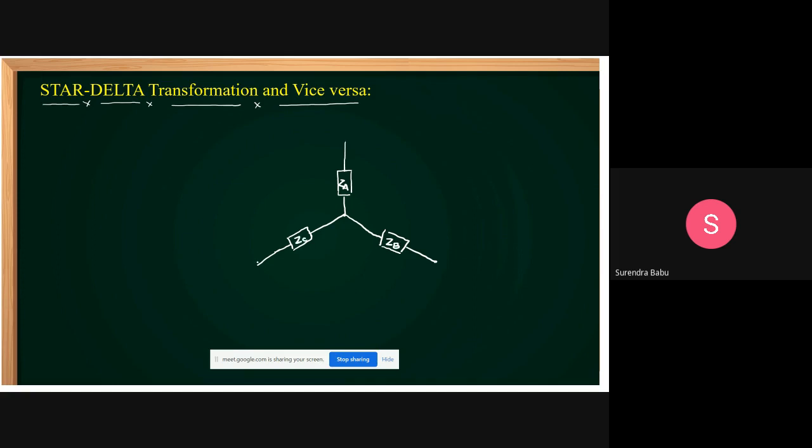Then you take one delta network also here. The impedances, let this be Z1, this Z2 and this Z3.